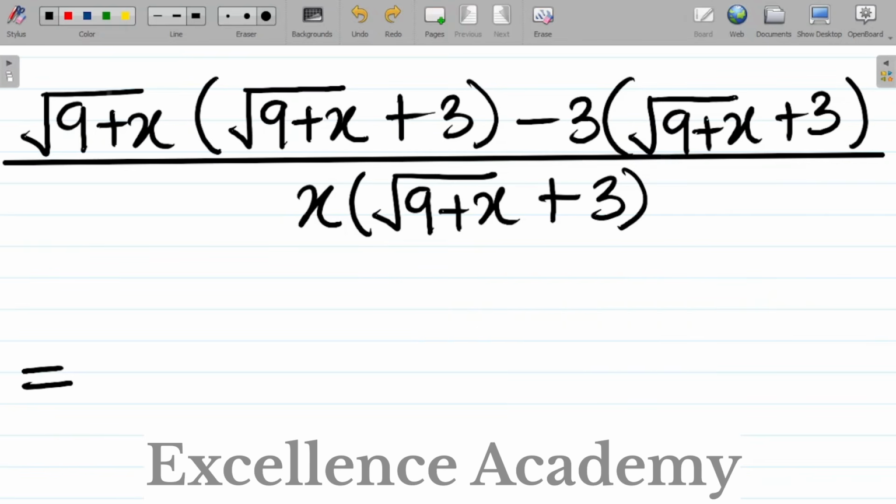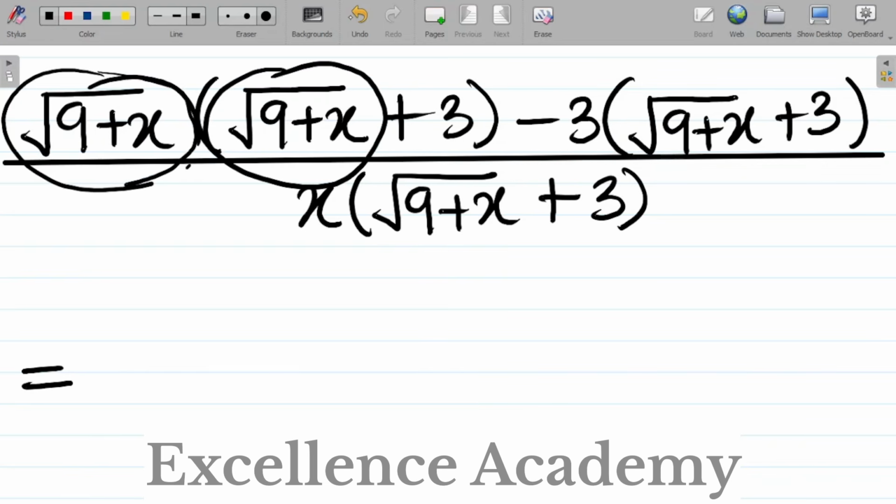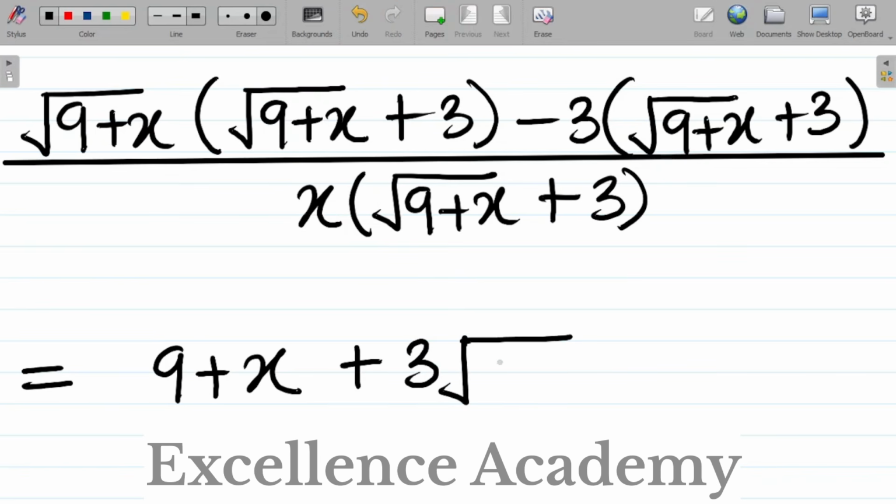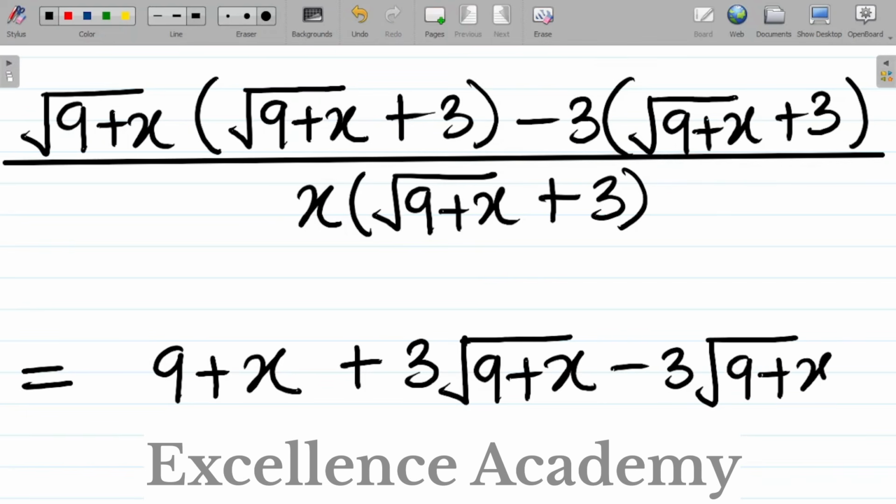From here, you can see that the square root of 9 plus x is multiplying the square root of 9 plus x, so this becomes 9 plus x, the term in the square root. That's it. Okay. Next up, root 9 plus x multiplying 3 will give you plus 3 root 9 plus x. Use minus 3 to multiply this: minus 3 into root 9 plus x gives you minus 3 root 9 plus x. I have this.